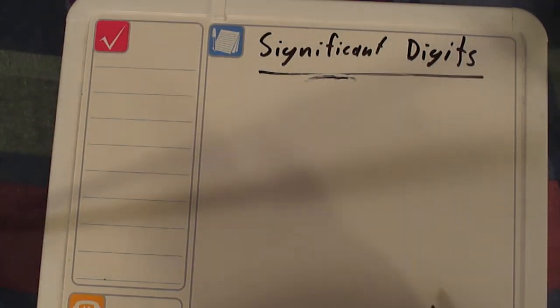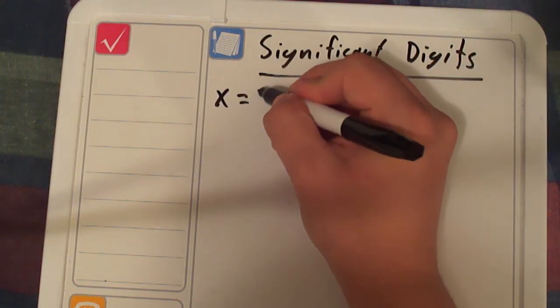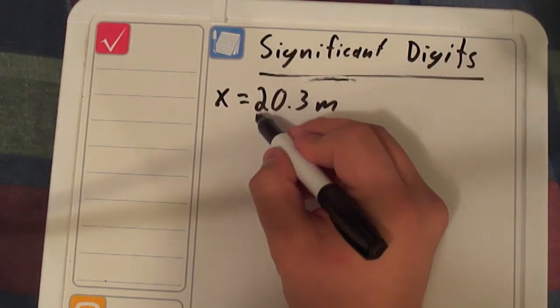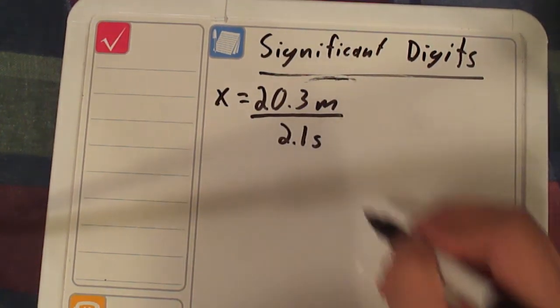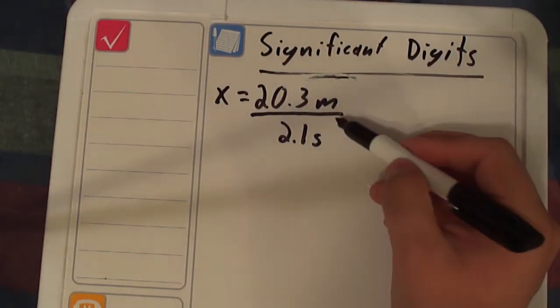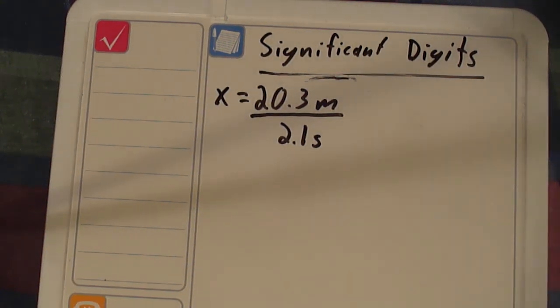Okay, let's do another one. X equals 20.3 meters divided by 2.1 seconds. It doesn't matter about units, because as we continue in this physics, you're going to keep getting different units.